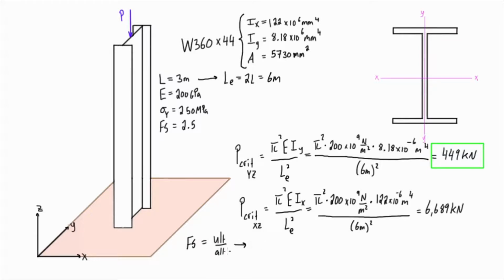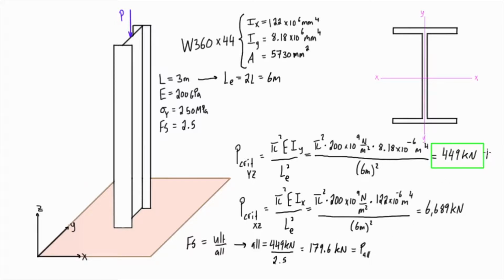So in this case, we just switch those, and our allowable is going to be equal to our ultimate, which is in this case our P critical, so 449 kilonewtons, and we would just divide that by the factor of safety, so divide by 2.5, and that's going to give us an allowable load of 179.6 kilonewtons. So that is our allowable load, P allowable.